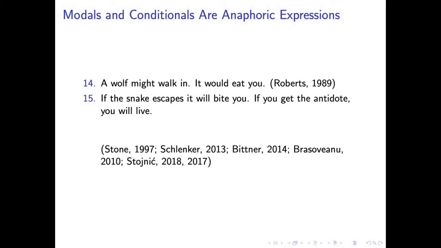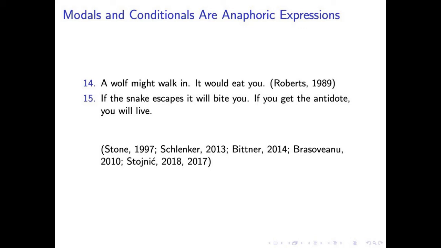Okay, and note that a similar thing happens with conditional sentences as well. So here's one example. Suppose you have this antidote that has the following property. If you administer it without there being a snake bite, it kills you, right? But if you get it after a snake bite, it saves your life, right? And now consider 15.